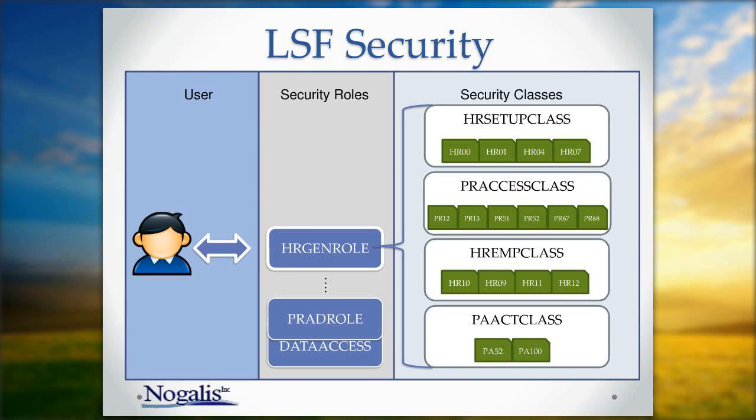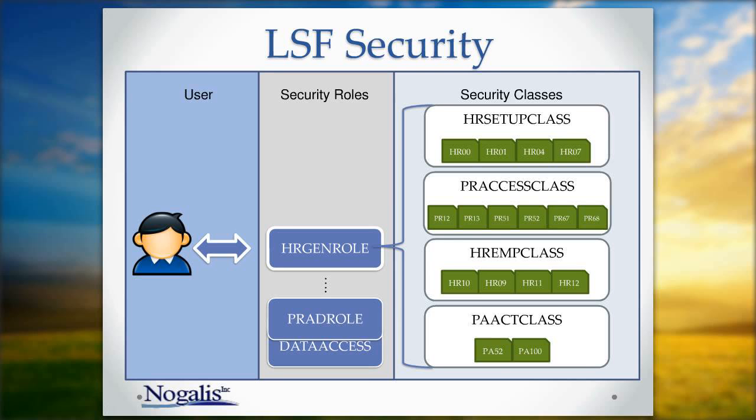Each one of those roles has a set of tasks associated with it that you want to accomplish within the Lawson application. Those tasks you can think of as security classes. And each task will require you to have access to certain securable objects, and by securable objects, in this context, I mean those screens within Lawson that you need access to.